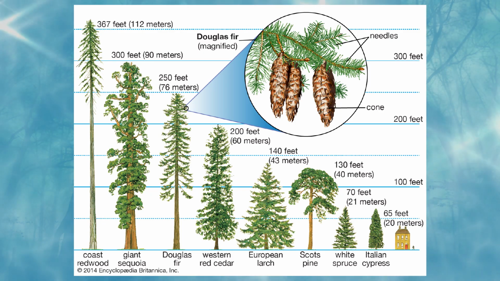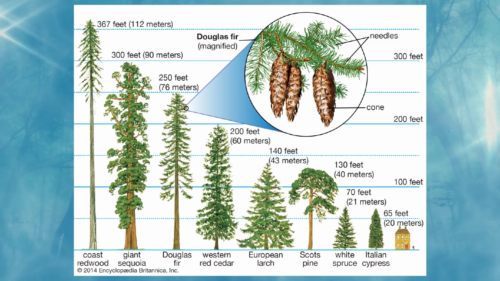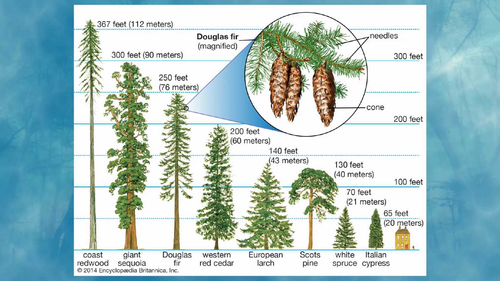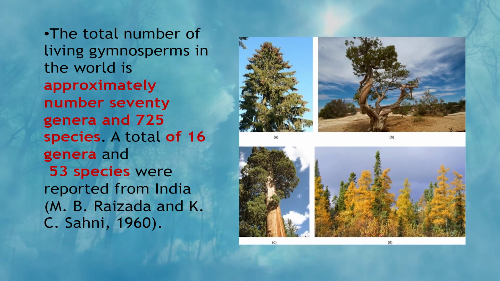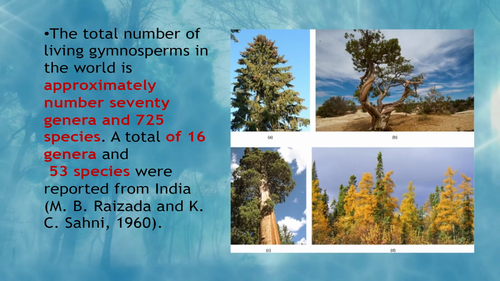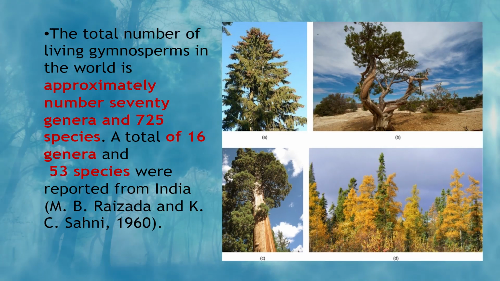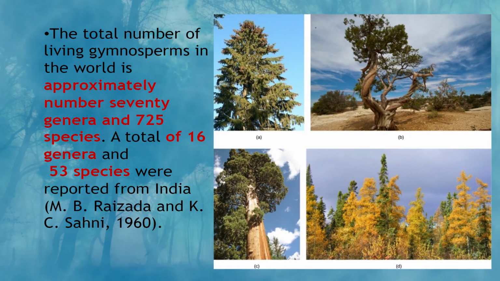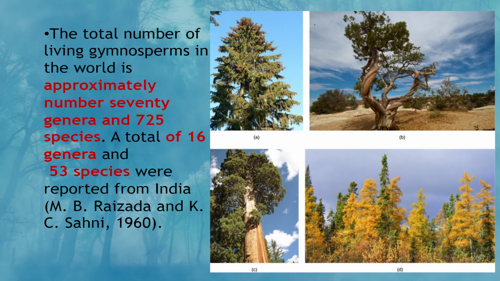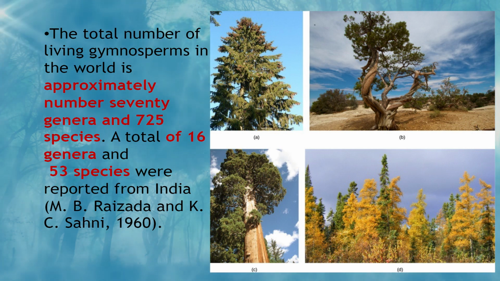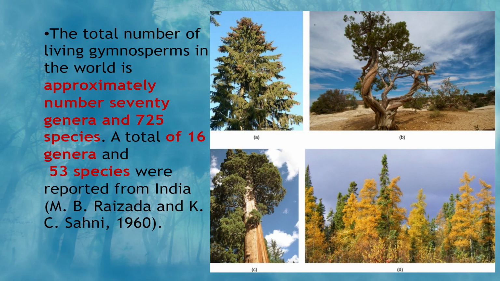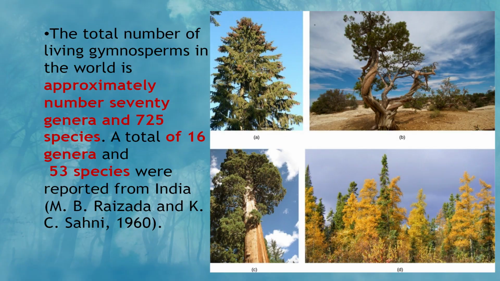There is a lot of secondary growth, which gives a massive body to these plants. The total number of genera is 70, with 725 species in the whole world, and a total of 16 genera with 53 species are reported from India. So a large number of species are found in India.